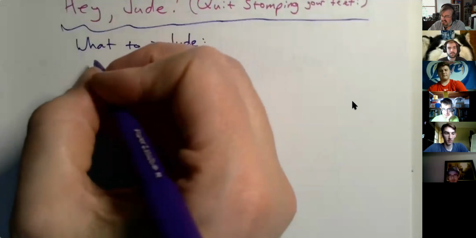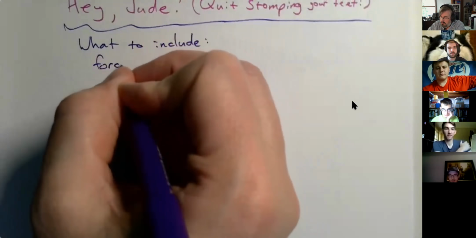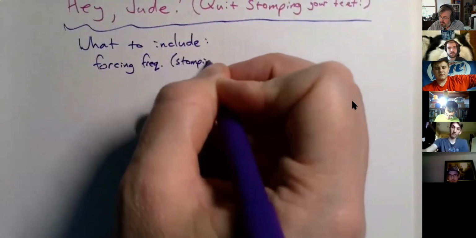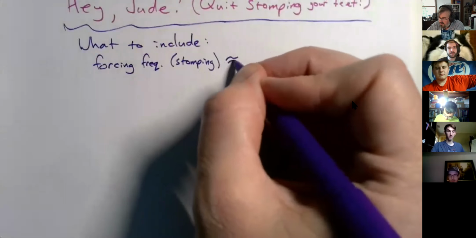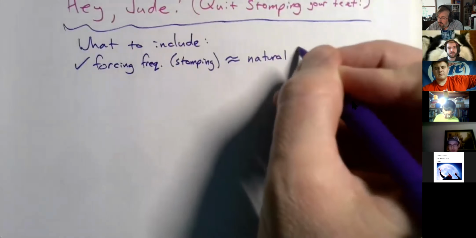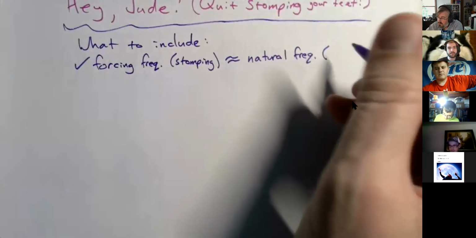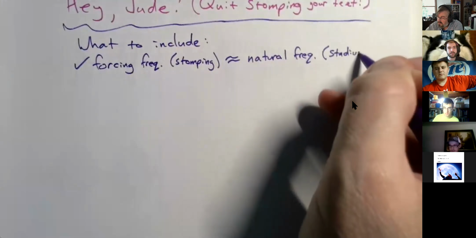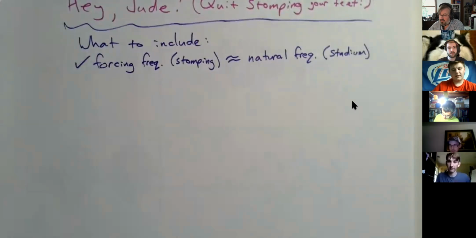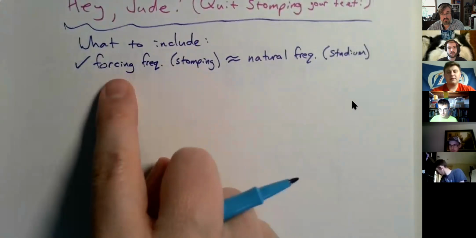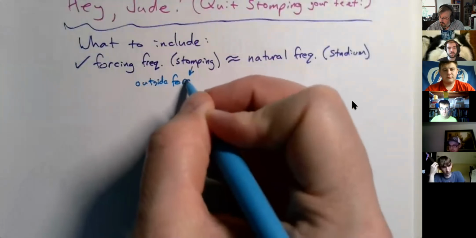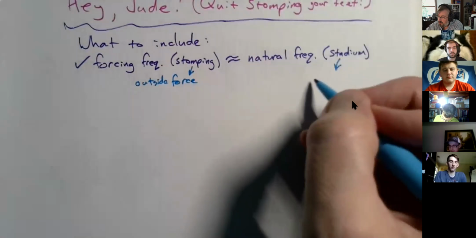Okay, so the frequency of the stomping, which we could call the forcing frequency, that's the stomping, is approximately equal to the natural frequency, and that would be the frequency of the stadium. So it's important that we connect some things here. It's important that we realize that the stomping of the feet is the forcing function, right? That is the outside force. And the stadium is the harmonic oscillator.